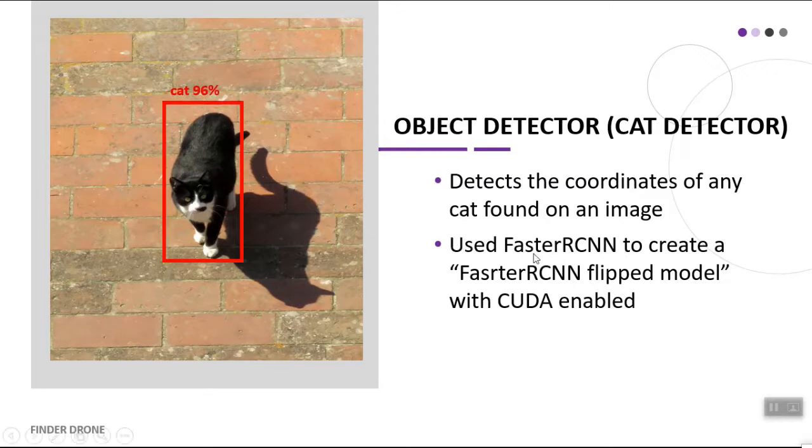So by default, the Faster RCNN wouldn't work. So I had to modify it to consider also the vertical flipping. Horizontally, there isn't any issue because it doesn't matter if it's flipped to the left or right. There's no problem with that. But vertically, that's an issue.